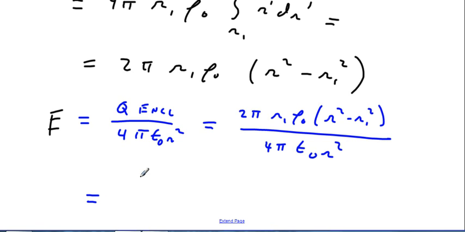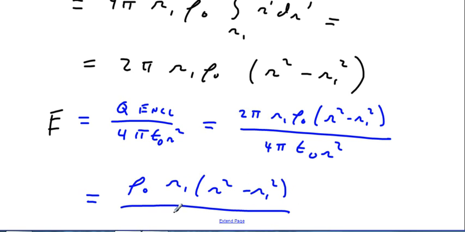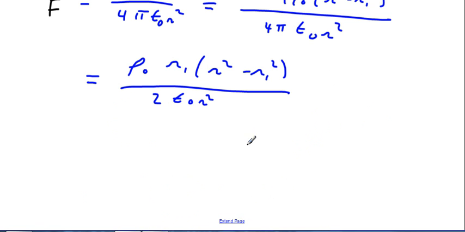And we end up with a final answer of rho naught R1 times R squared minus R1 squared, divided by 2 epsilon naught R squared. All right, so that would be the equation of the electric field inside the material.